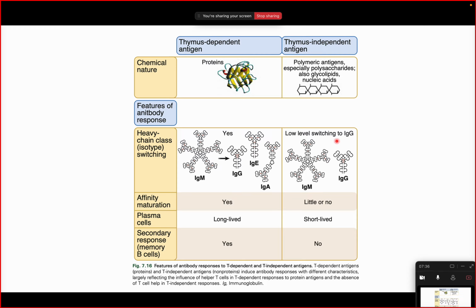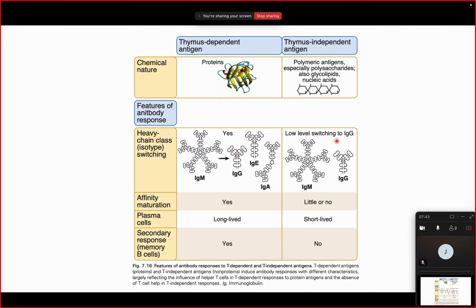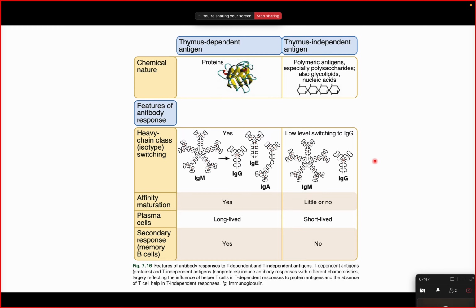Now in thymus independent antigen, there is a very low level of class switching, or say not much class switching. Predominantly the majority of the antibody will be of type IgM, and very small quantities of IgG will also be there.